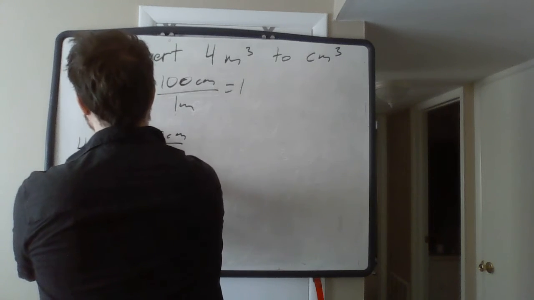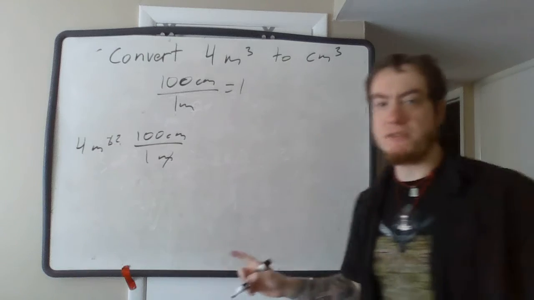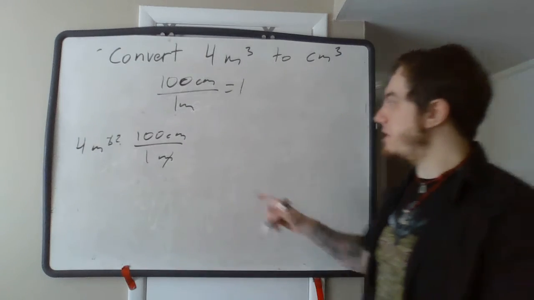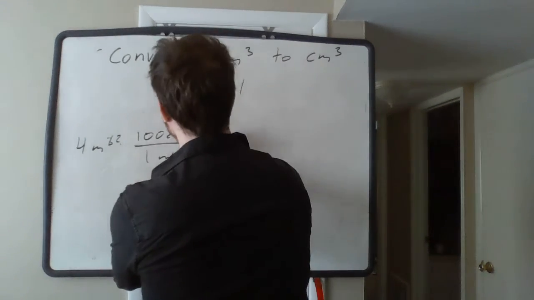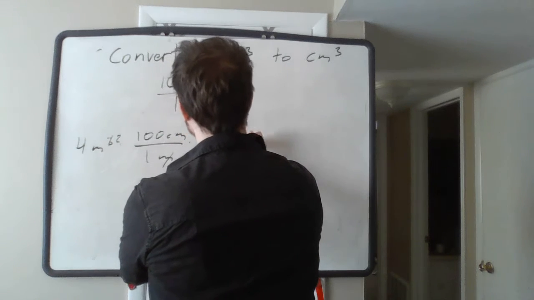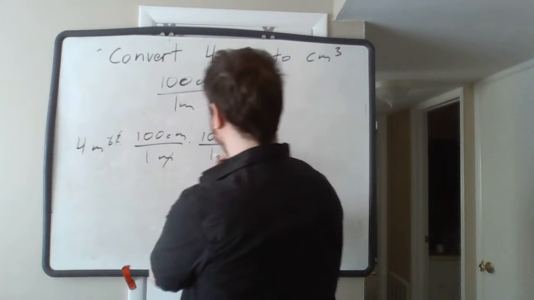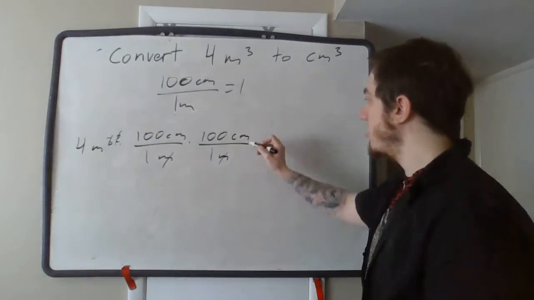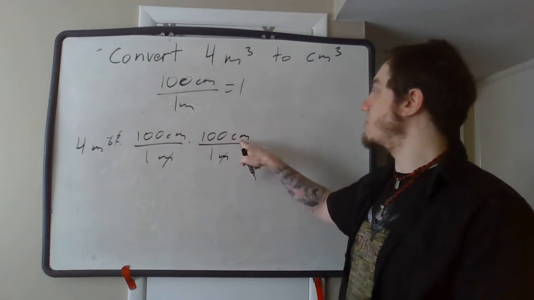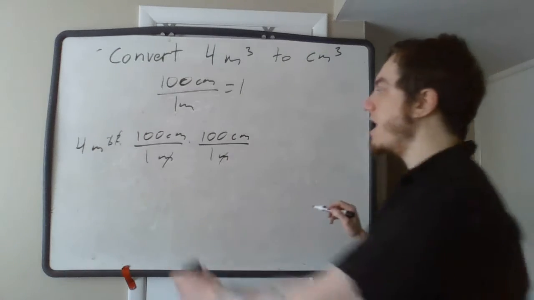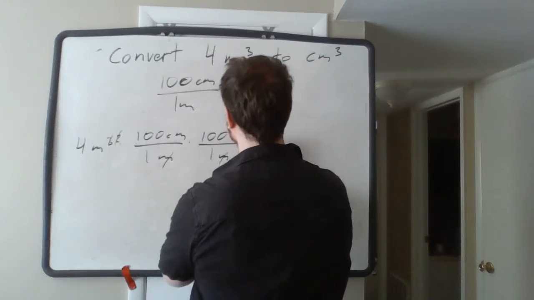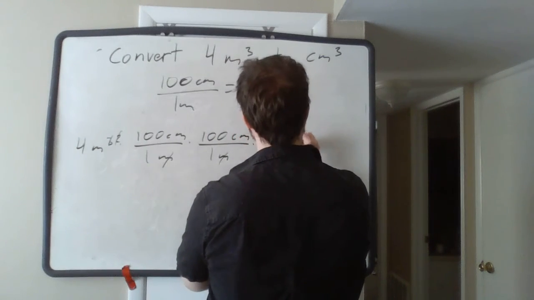That gets rid of one of my meters, but it leaves me with meters squared and centimeters. So I'm going to multiply by 100 centimeters per 1 meter again. That gets rid of the squared meter, and it leaves me with centimeters times centimeters, or centimeters squared. I still have 1 meter left, so I have to do this a third time.